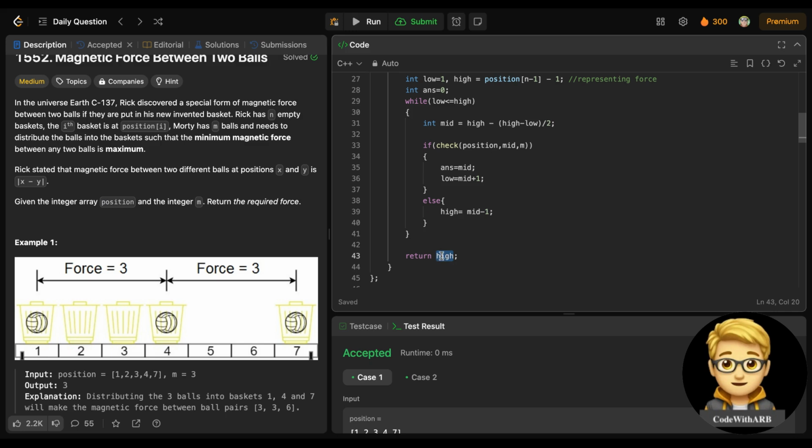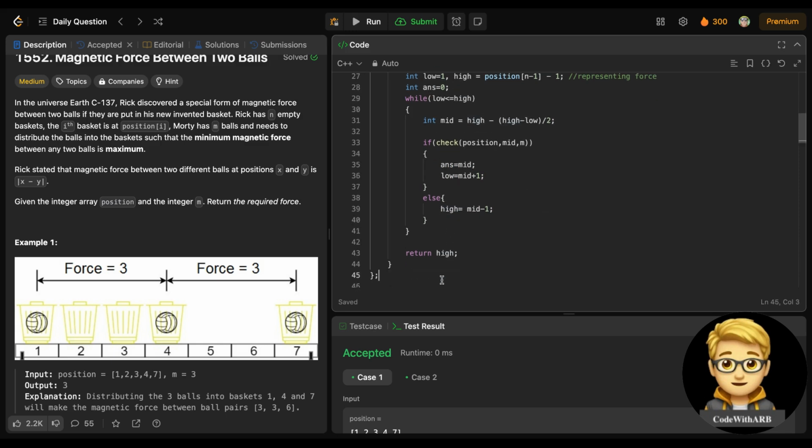That's why people mostly write return high or low according to these conditions. Basically, if low is changing to mid plus 1, people return high. That's the main reason people return high or low according to this check, right?